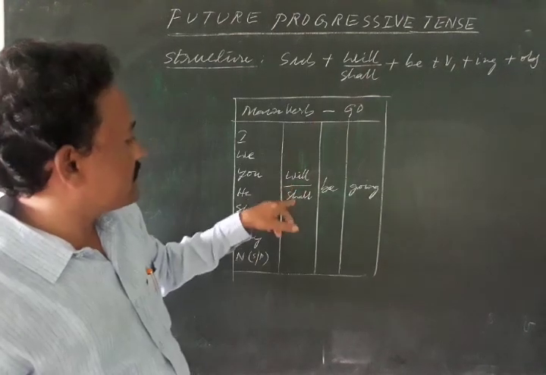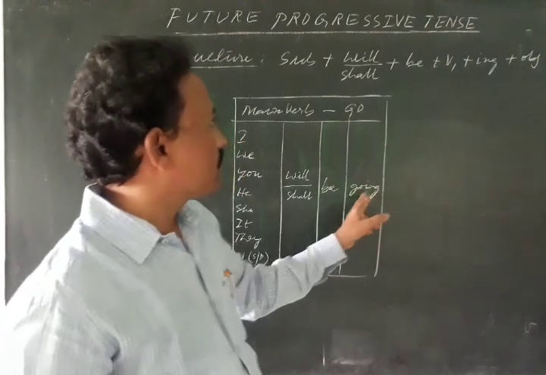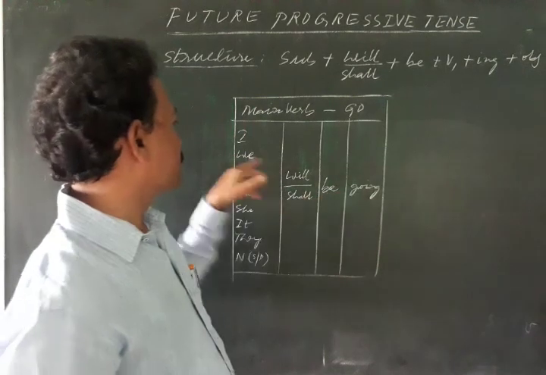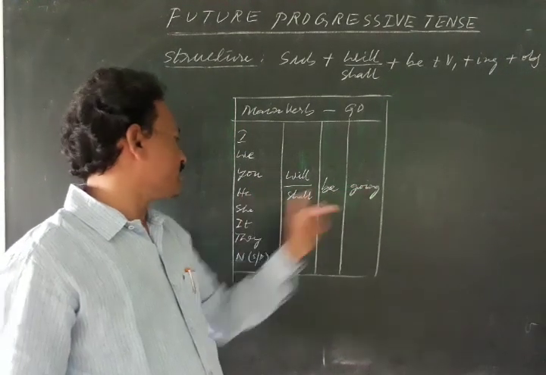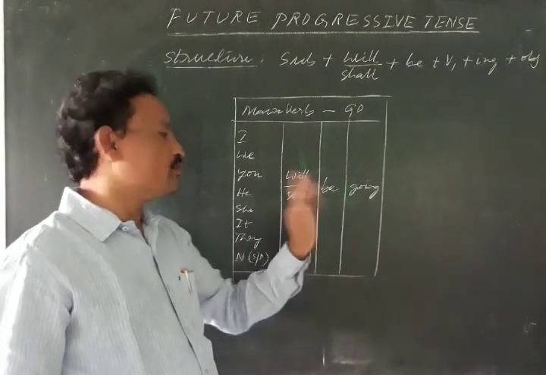Then will or shall, be, and going. According to the structure, subject, will or shall, be, V1 go, and what is added? Ing, going. So, I will be going, we will be going, you will be going, he will be going, she will be going, it will be going, they will be going.